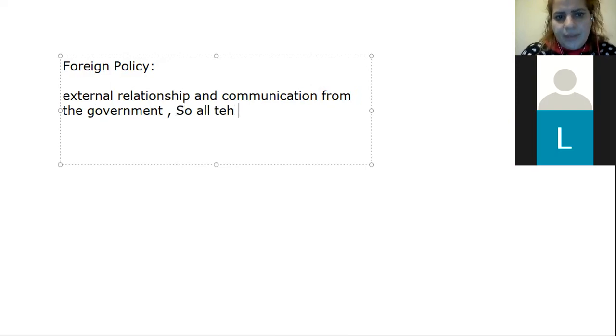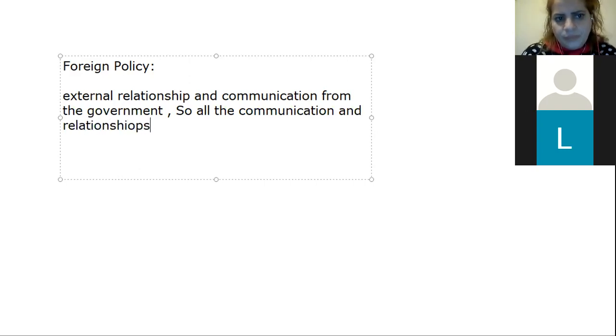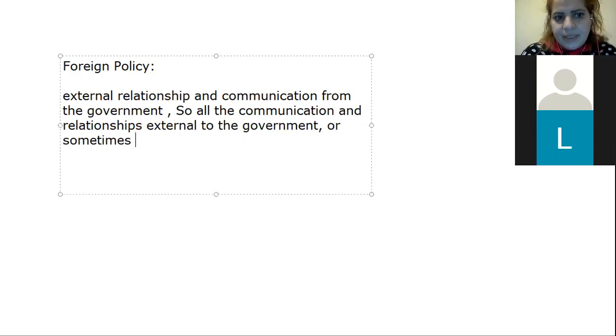So all the communication and relationships external to the government, or sometimes a big organization, but usually it's the government. Here foreign policy is the government, so mostly it is for the government.